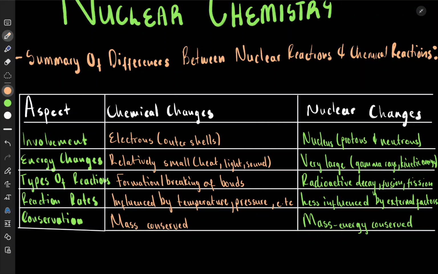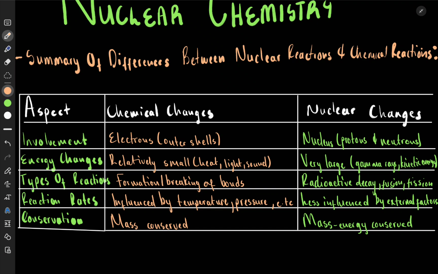Now, for nuclear changes, the mass is not conserved alone, okay? Although when you look at the reaction, you may not see it because the mass that is changing may not be that great. Einstein showed us that, let me say something.